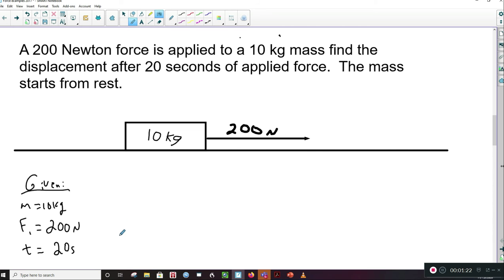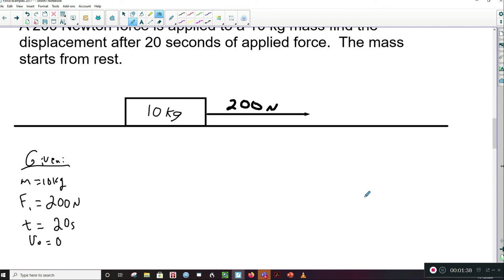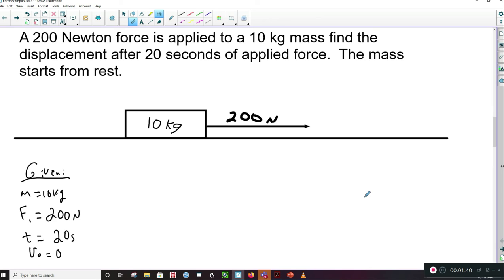And let's see, the mass starts from rest. And is that all that we have? It starts from rest, so that means my v naught is 0. Okay, that's everything that we have. What I'm looking for is my position. So I guess I could also put in x naught is equal to 0.